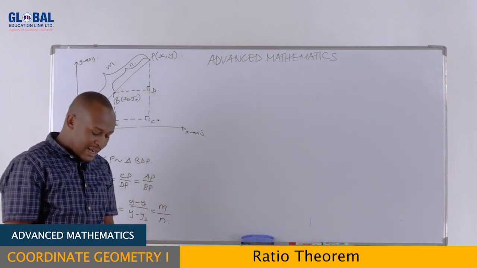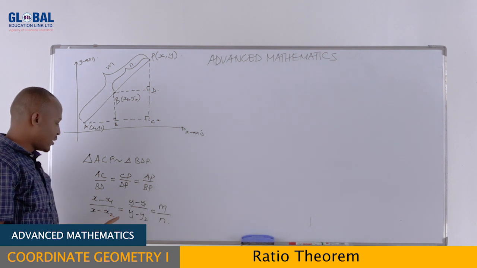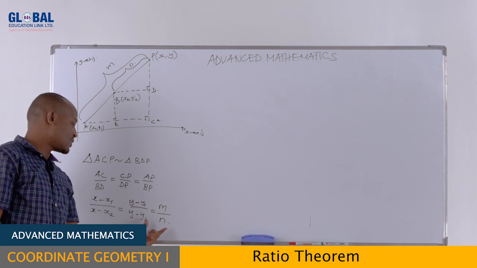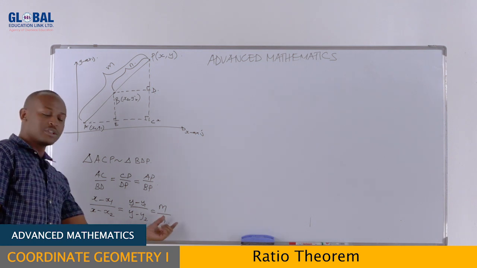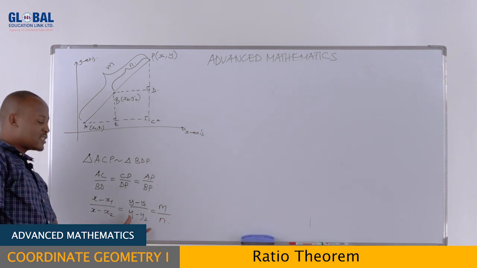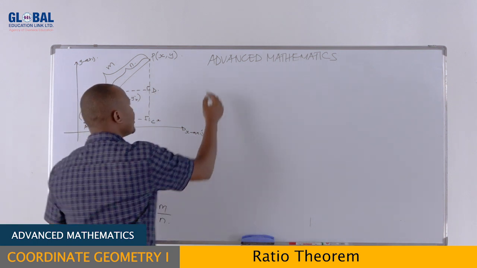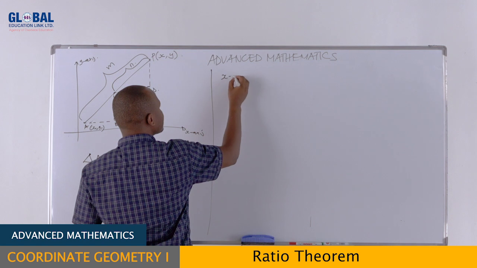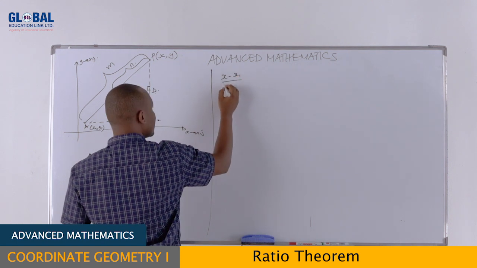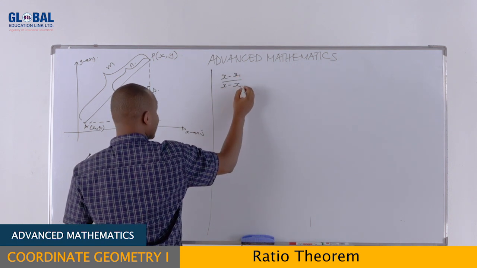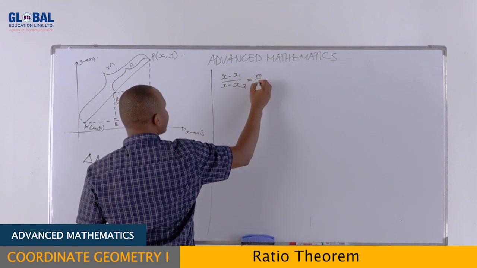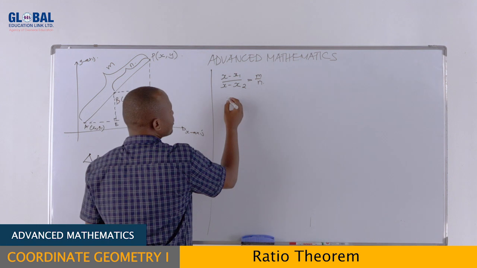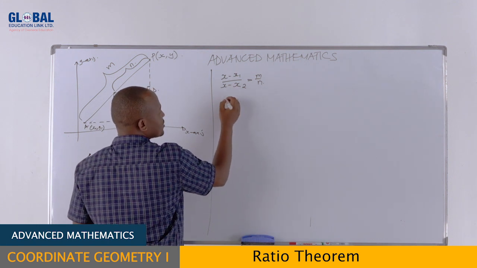Again, let's find the values of X and Y from this. That means if this expression is equal to that, this expression is also equal to the last one, and the second is also equal to the last one. Now let's check it. Using that one, it is X minus X1 over X minus X2 equals to M over N. Let's find the value of X. Let's open the brackets.